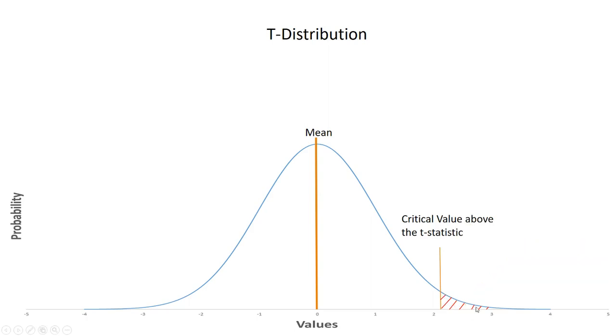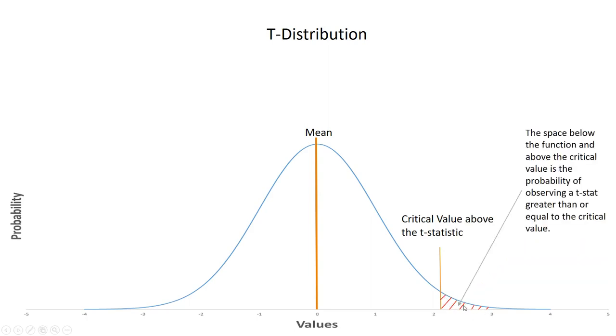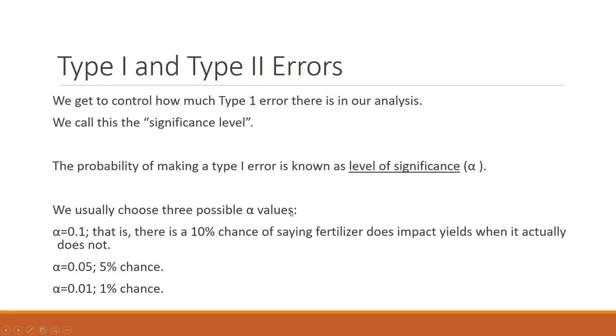That means that this area gives us the probability of rejecting the null hypothesis when the null hypothesis is actually true. Then this is the probability of committing a type 1 error. We get to control how much type 1 error we have by controlling where the critical value is. All right, let's make that more clear.